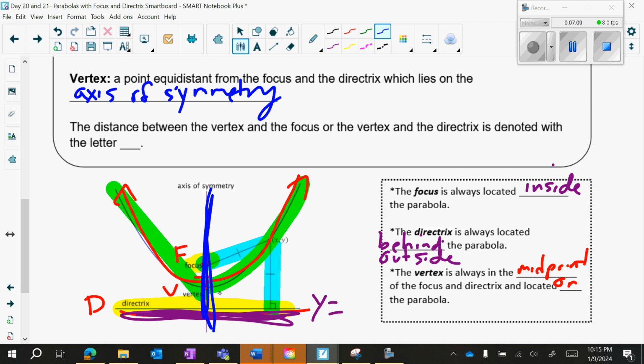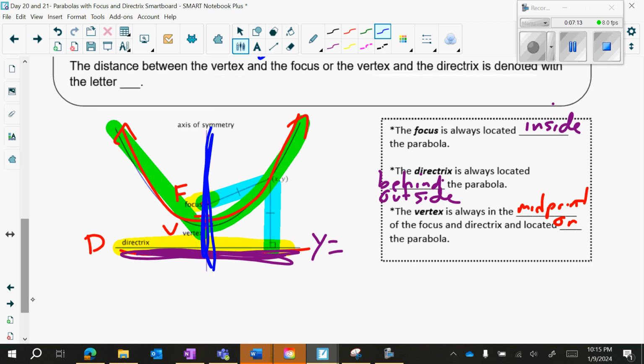So the vertex is always on that. And then the distance between the vertex and the focus, and the vertex and the directrix, let me do black here, this distance from here to here is equal to this distance from here to here. And the letter we use is lowercase p. So I'm going to put p, p.